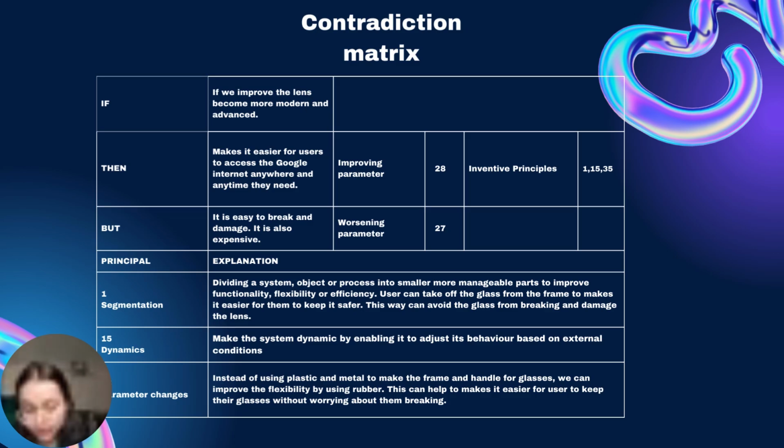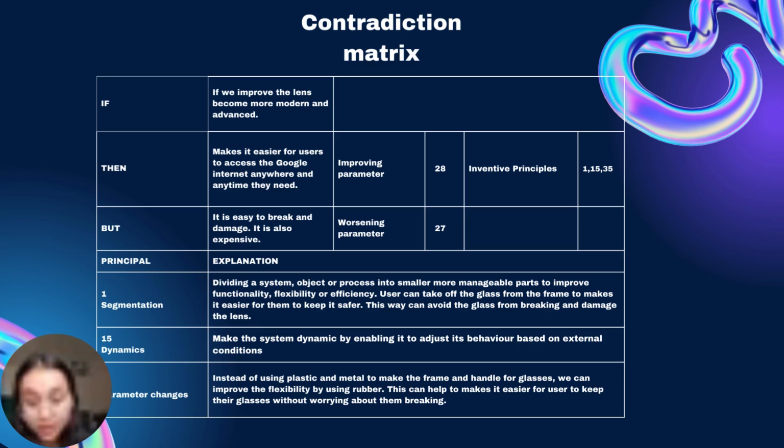And the second one is 15. There is dynamics. This principle makes the system more dynamic by enabling it to adjust the behavior based on external condition. Okay, and for the last one, I have principle 35.